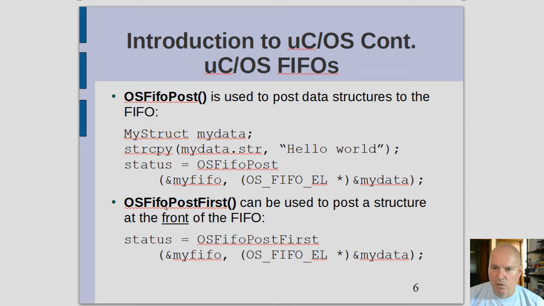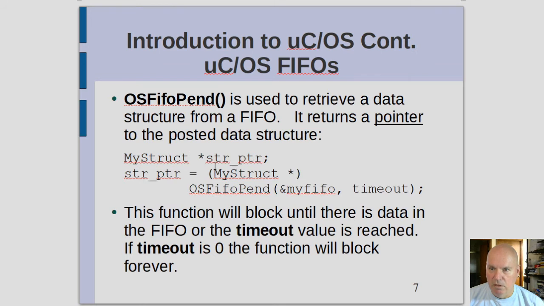But if you use OSFifoPostFront first, posting an element to the beginning of the FIFO, then the pend routine would get this item off next. It takes the same arguments: a pointer to the FIFO data structure, and a pointer to the data element we want to put on the FIFO. Both return a status, and you should check that to make sure that there are no errors.